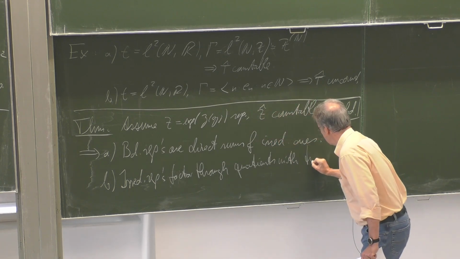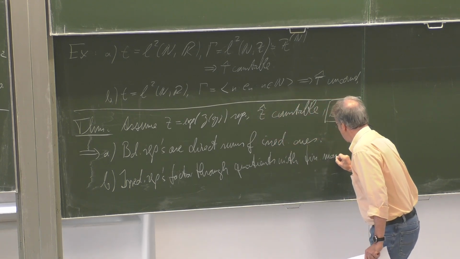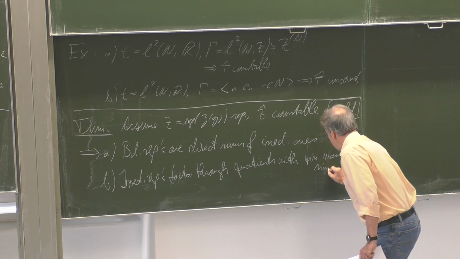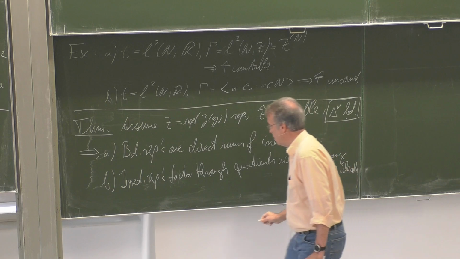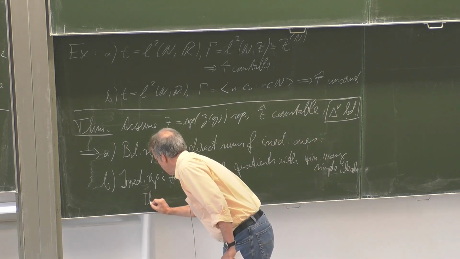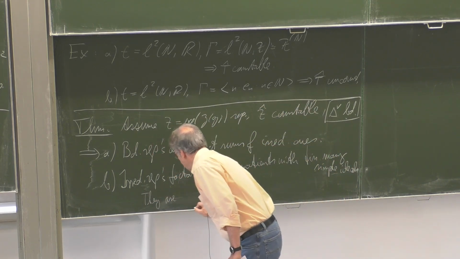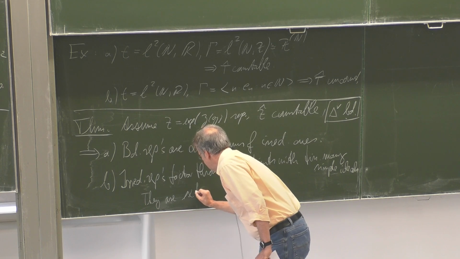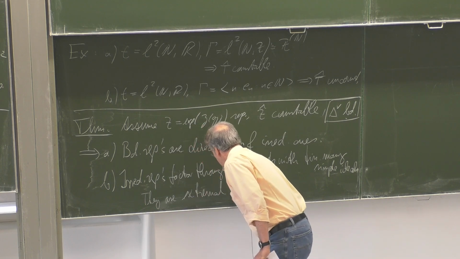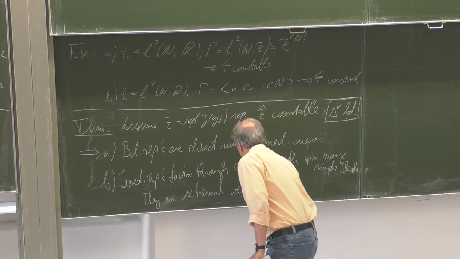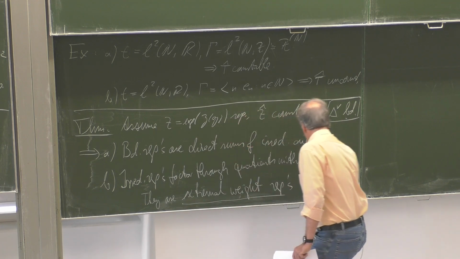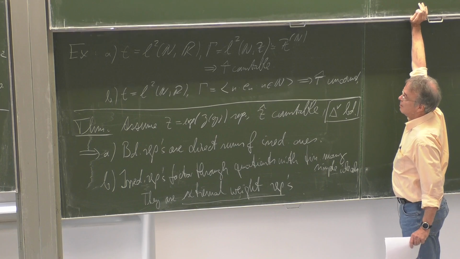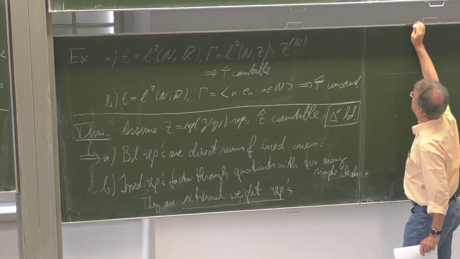That's finitely many simple ideals. And they are what I like to call extremal weight representations. And what this is, I explain next.